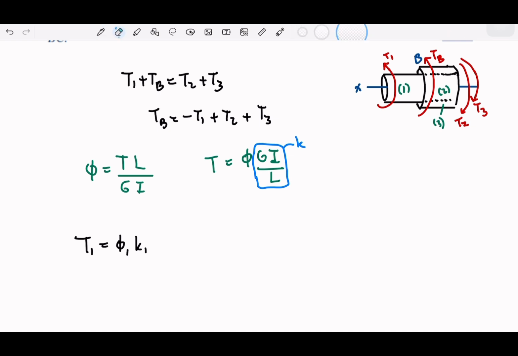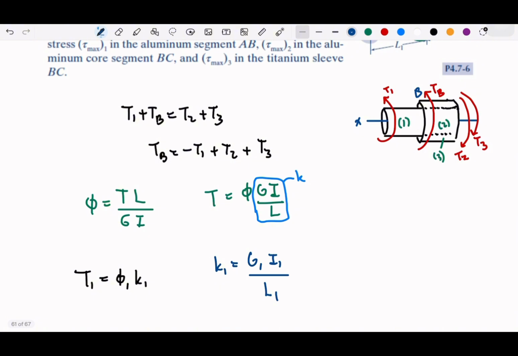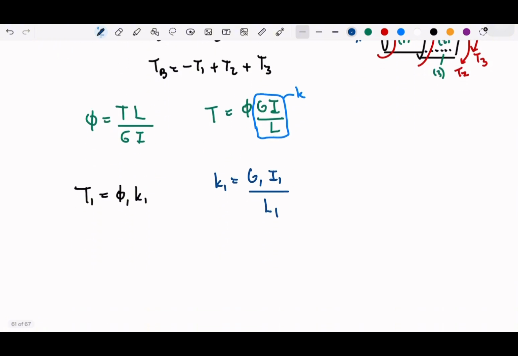And since K1 is something that can be computed from the given information, we can compute K1 first, which is G1, I1, and L1. Actually, we can compute the inertia first, but I forgot to write that, so let me just go directly to the K.